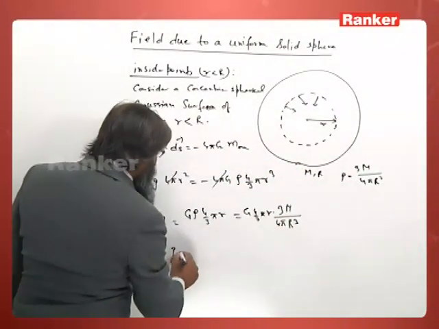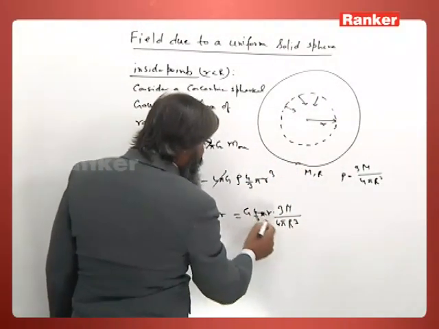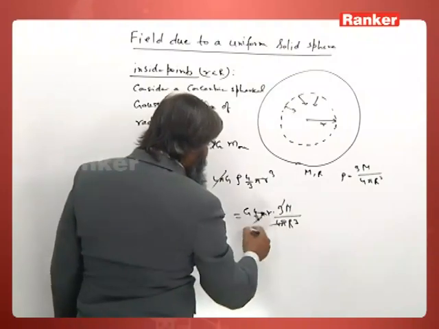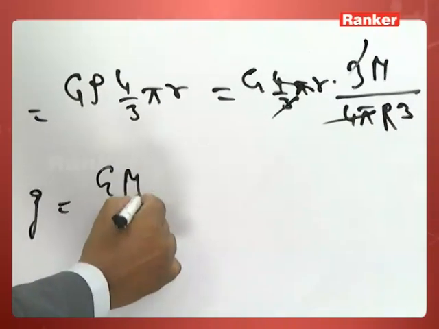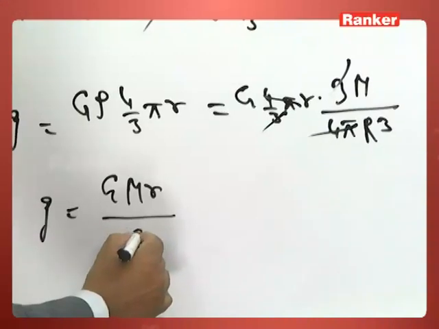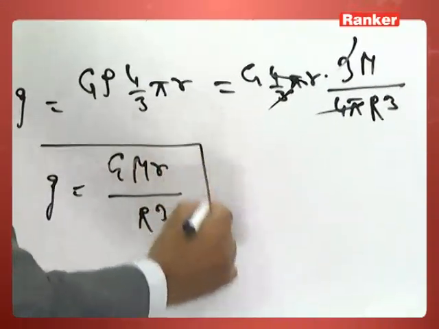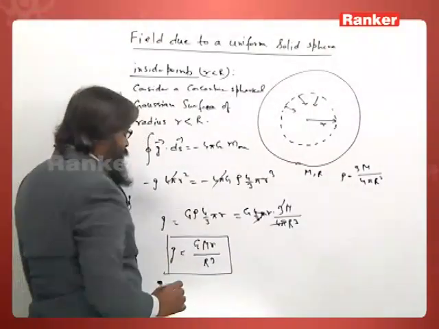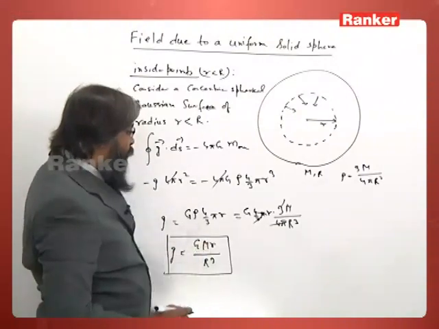We substitute that, this 4 pi gets cancelled, this 3 cancels, and g becomes G M r by R cube. So, this is g for inside points.